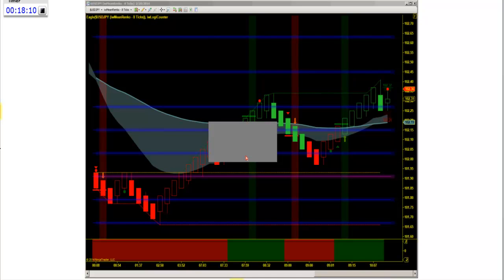Very often, support and resistance will vary around the median an equal distance. But no, they will expand and contract as the indicator reads them.